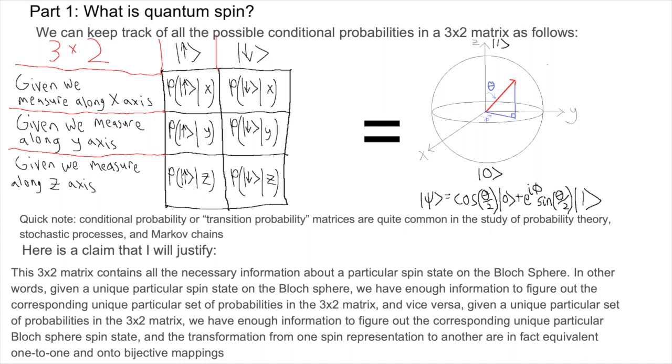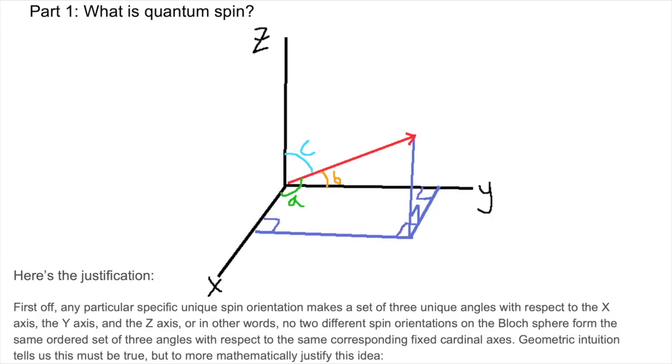In other words, given a unique particular spin state on the Bloch sphere, we have enough information to figure out the corresponding unique particular set of probabilities in the 3x2 matrix, and vice versa. Given a unique particular set of probabilities in the 3x2 matrix, we have enough information to figure out the corresponding unique particular Bloch sphere spin state, and the transformations from one spin representation to another are in fact equivalent one-to-one and onto bijective mappings. Here's the justification.